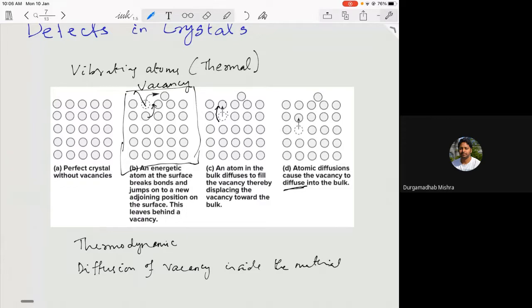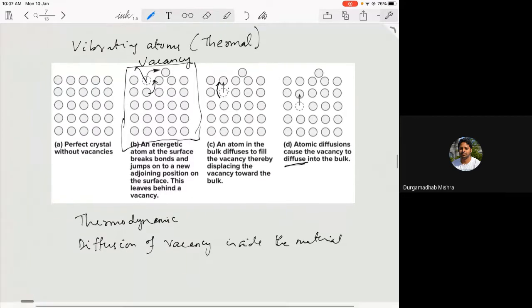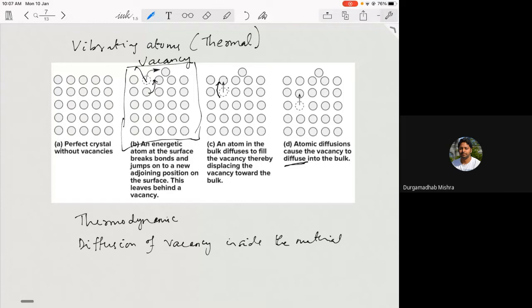Most likely the vacancy will occur on the surface, but eventually the vacancy can move inwards, or diffuse, into the bulk of the material. So these are basically a thermodynamic effect, and sometimes also known as a thermodynamic defect.